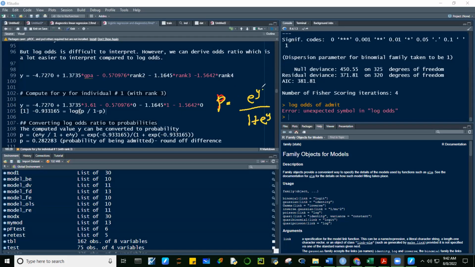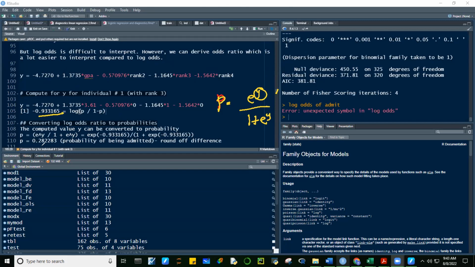We already know y, which we solved earlier, negative 0.933, right?